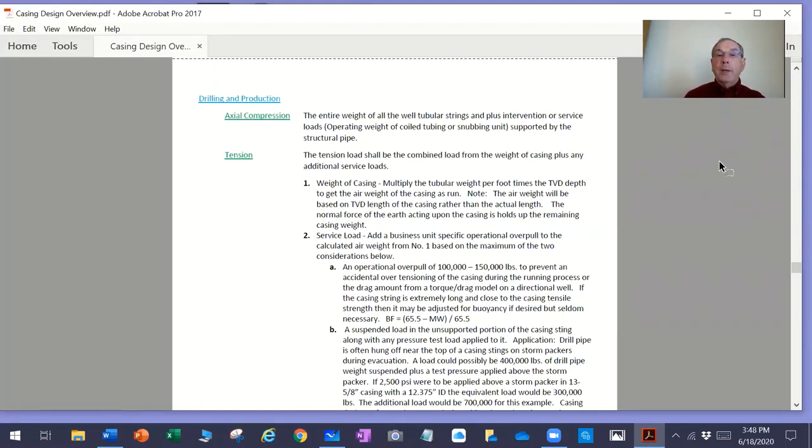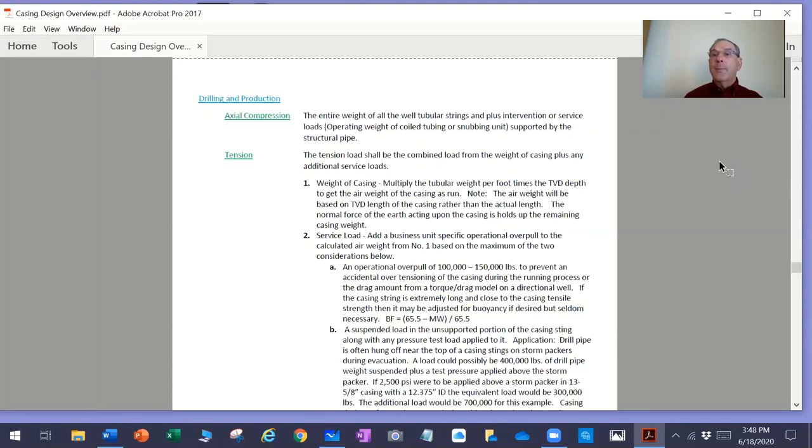So you would calculate all the weights on the well. Let's say you're going to drill a really deep well, and adding up all the air weights of all the casing and tubing on the well is going to be 4 million pounds. Then you use 4 million, and you make some assumption about the loads of a snubbing unit or coil tubing unit on top of it.